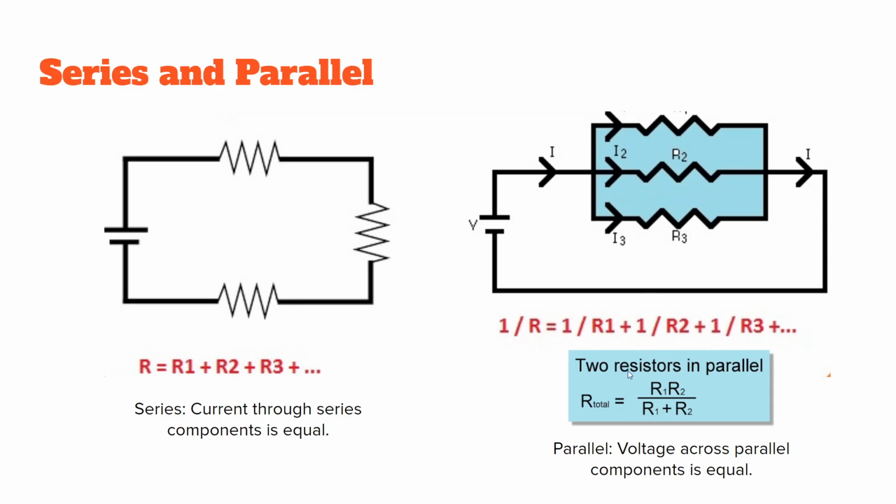And a useful formula that you would probably like to know is that the total resistance of two resistors in parallel is you multiply them and then divide by their sum. It's not too hard to calculate, a lot better than nested fractions and such.